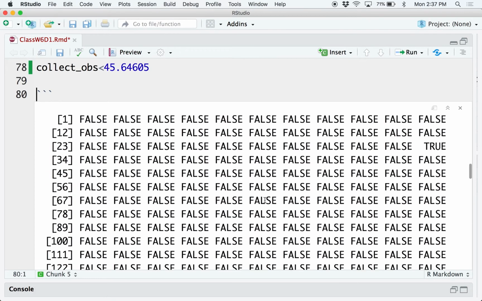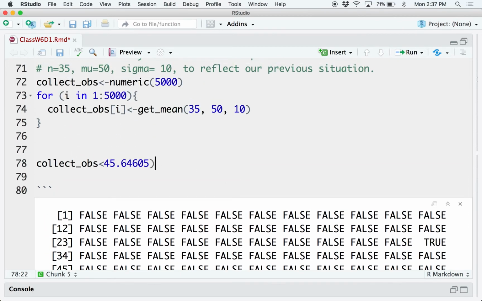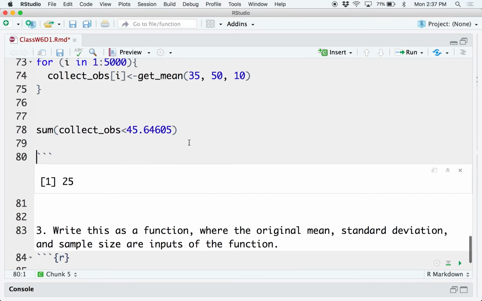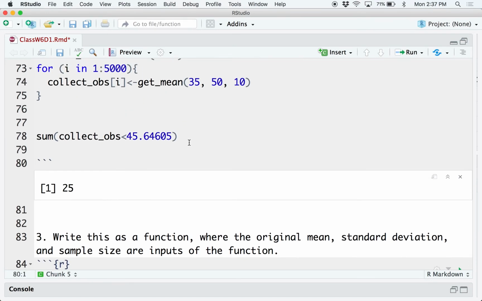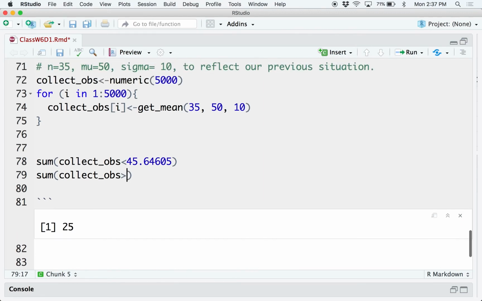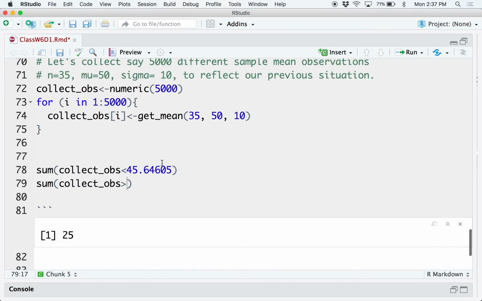I'll get a big long logical vector, but remember you can sum your logical vectors to count how many of these are less than our lower limit. I'm going to do the same thing, but this time look at being greater than my upper limit for that 99% interval.